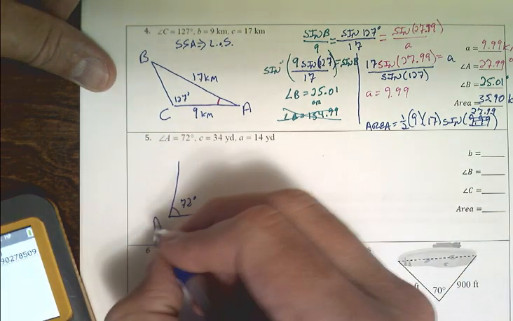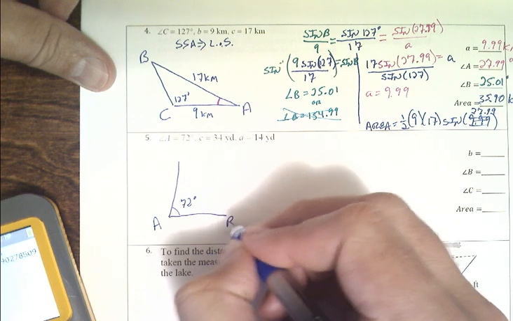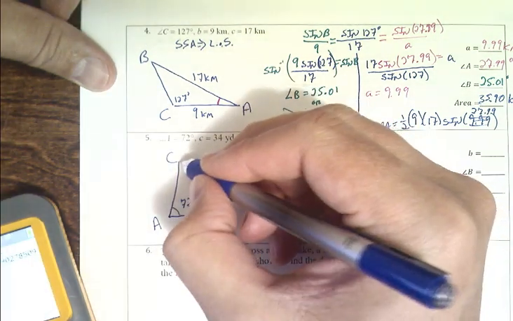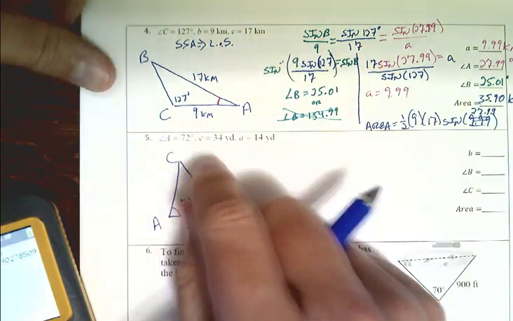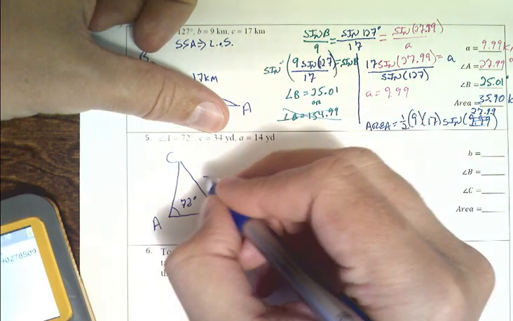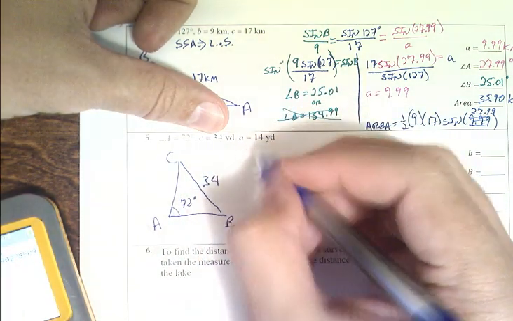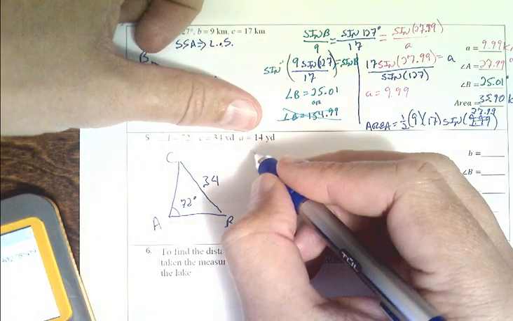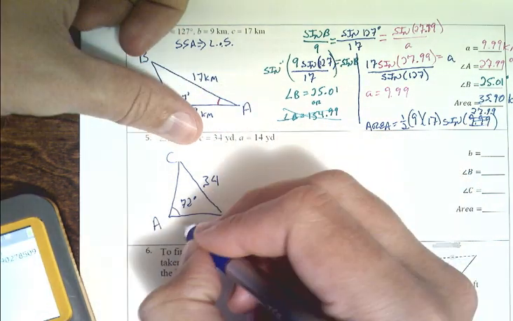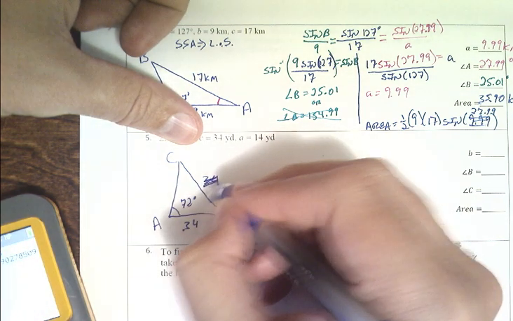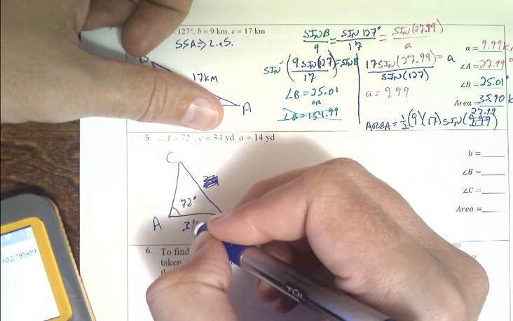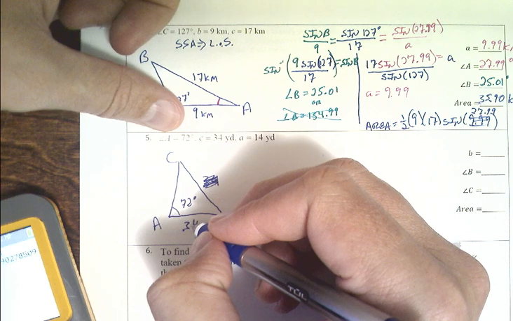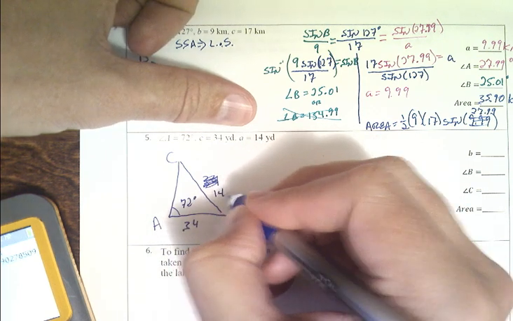And this is A, so we're going to call this one B and call this one C. And then it tells us that C is equal to 34 yards, and A is equal to 14.